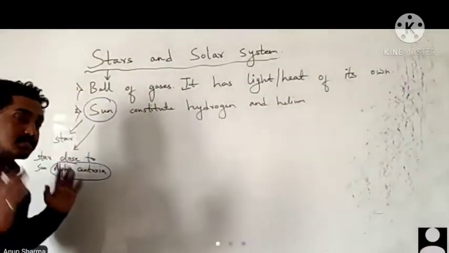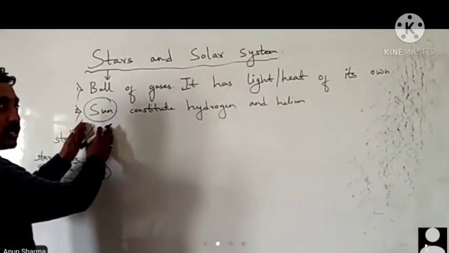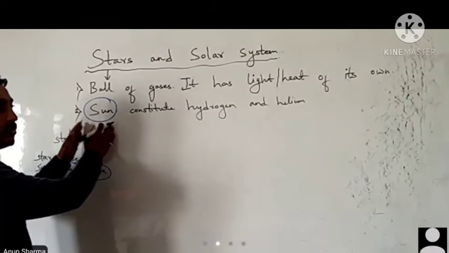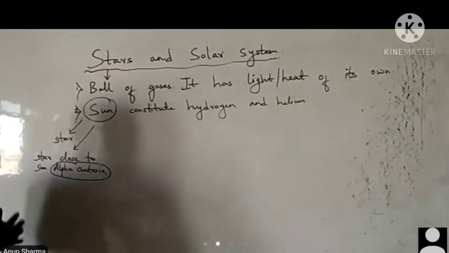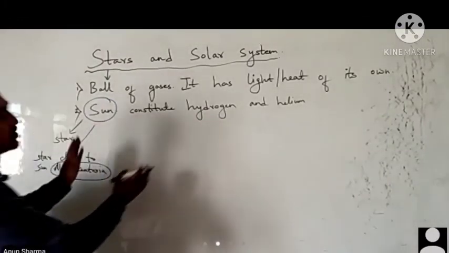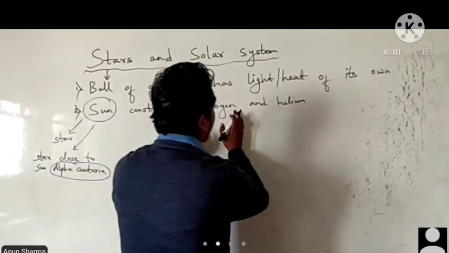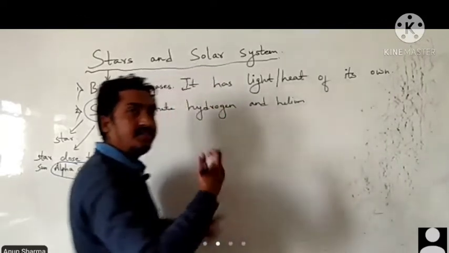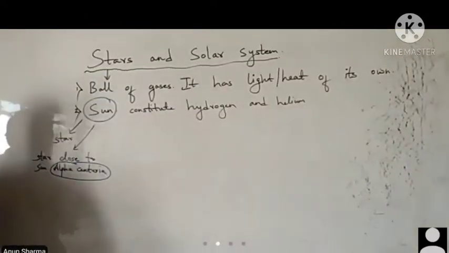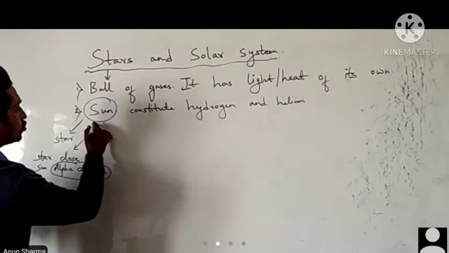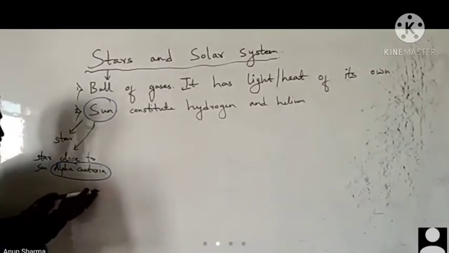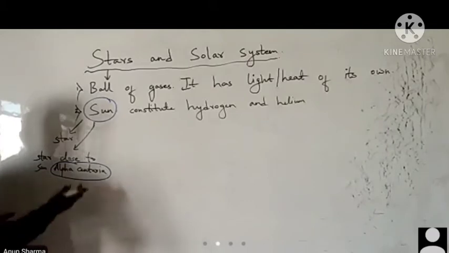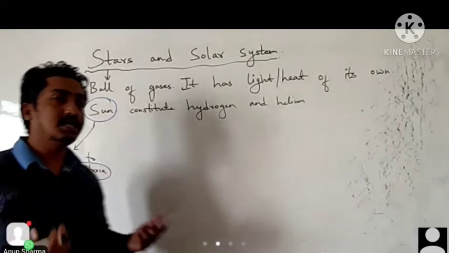The sun is also a star, very close to earth, and it constitutes the solar system. We will talk about that later on. All stars have hydrogen and helium in themselves, and the star close to the Sun is Alpha Centauri. These are the important points that we must understand.